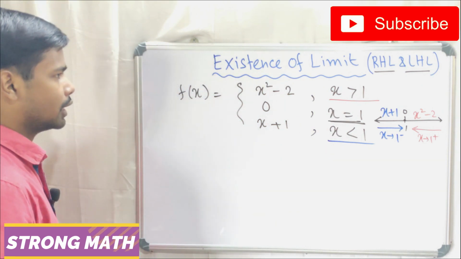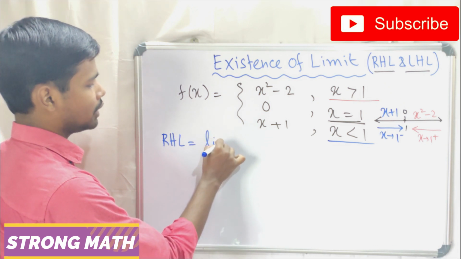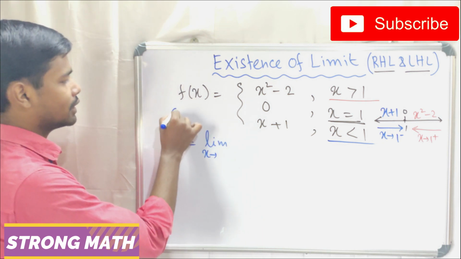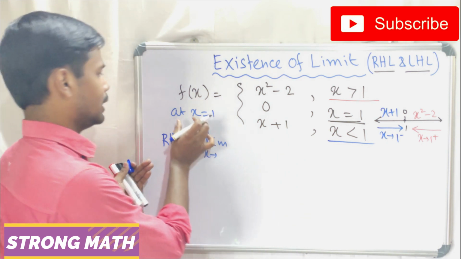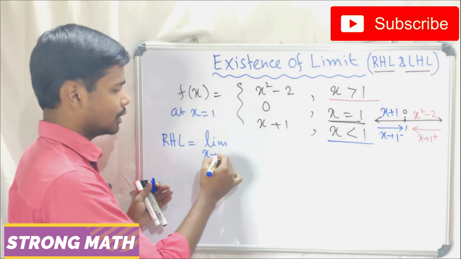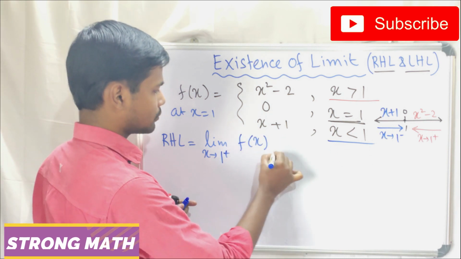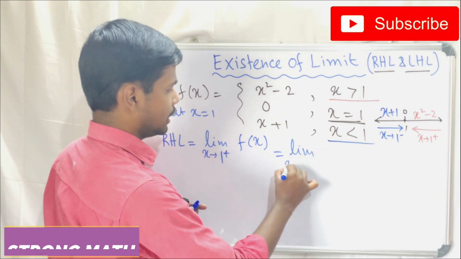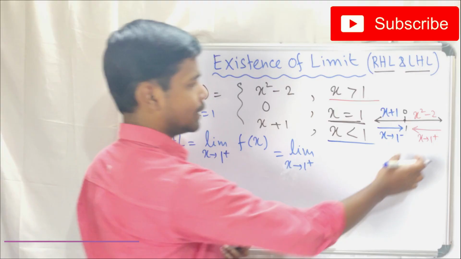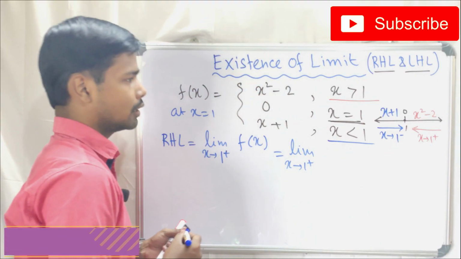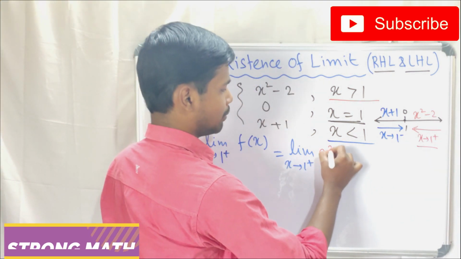Now we are going to find the right hand limit and left hand limit. We are checking the limit at x equals 1, whether it exists or not. The right hand limit is the limit as x tends to 1 plus of f of x. From the picture you can easily guess the value of the function: for x tends to 1 plus, the value is x square minus 2.